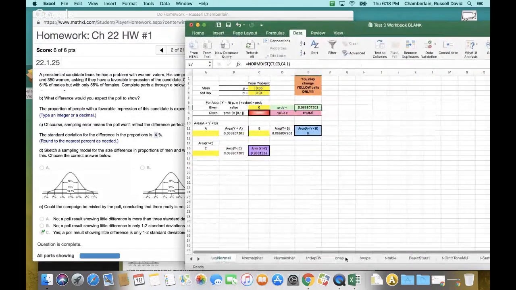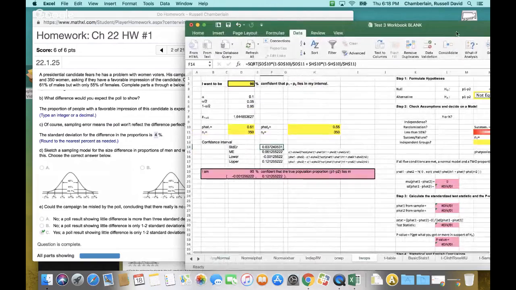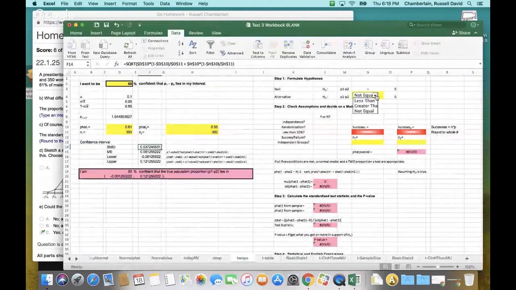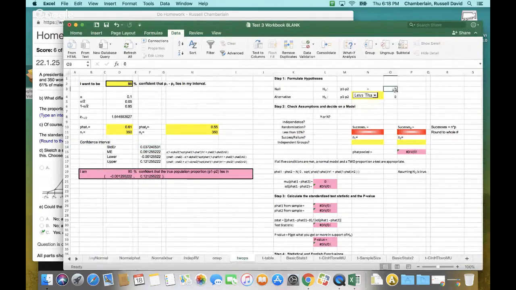Let's think about it in a slightly different way, like as a hypothesis test. Okay, we're testing for less than. Our null is that it is actually 0.06.